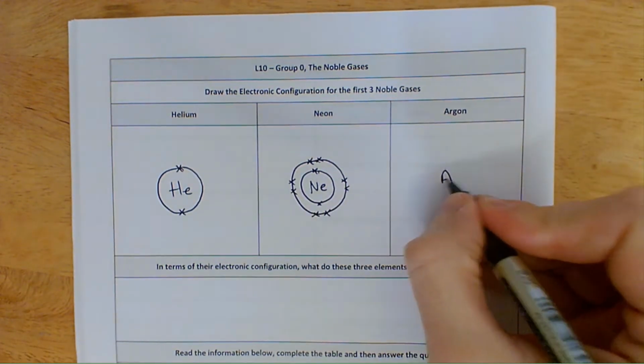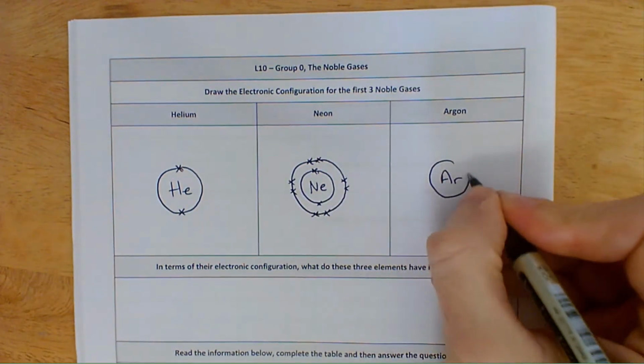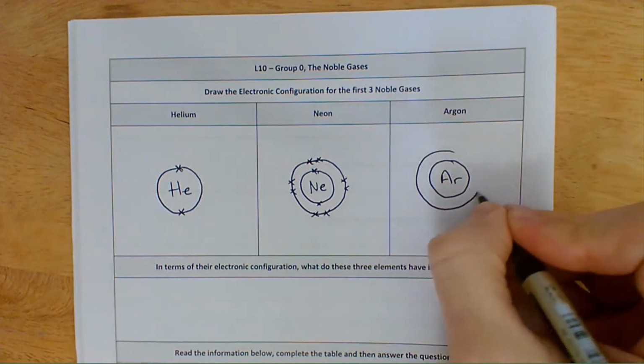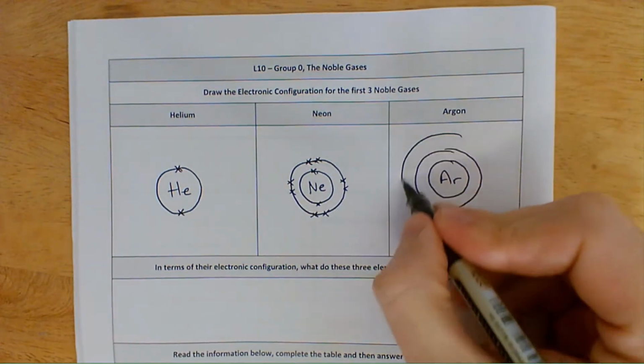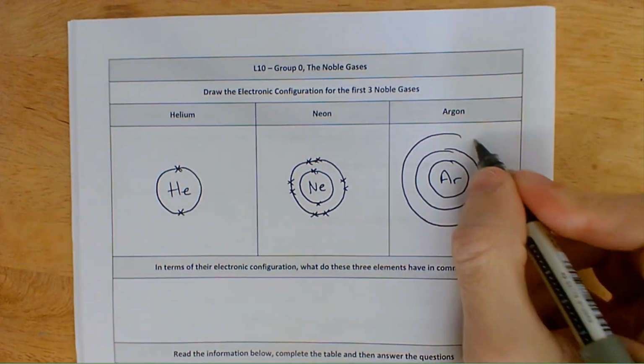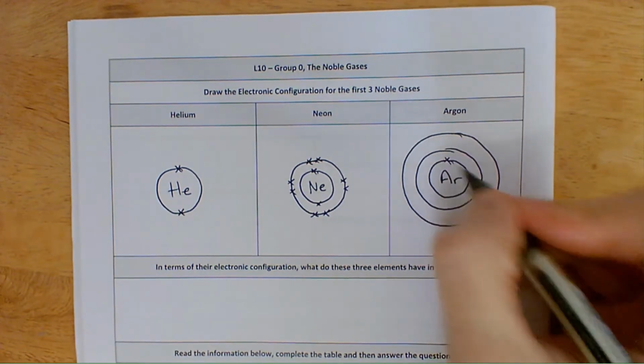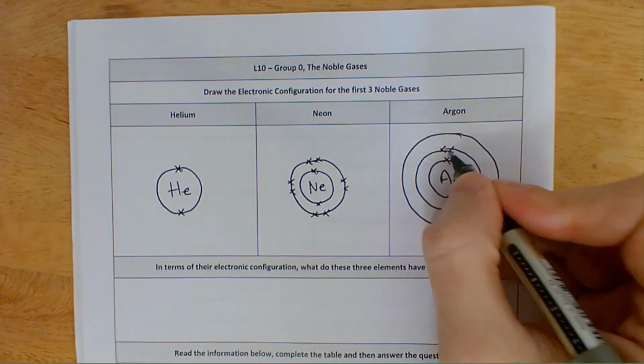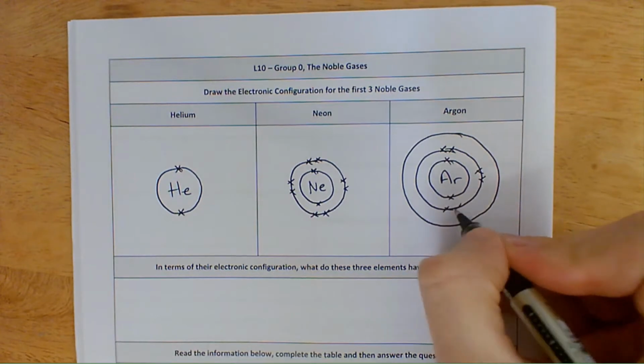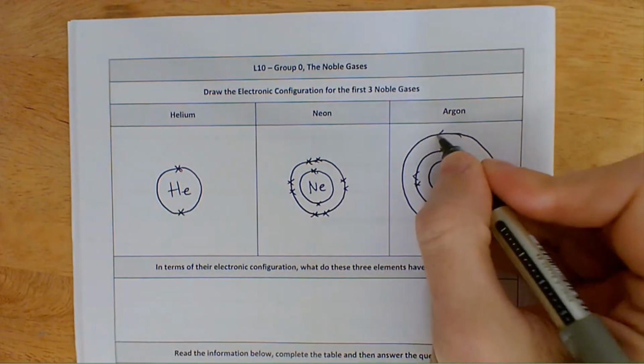And then we have argon, which is in period 3, so 3 shells, and argon has 18 electrons, so 2 in the first shell, 8 in the second, and then 8 in the third.